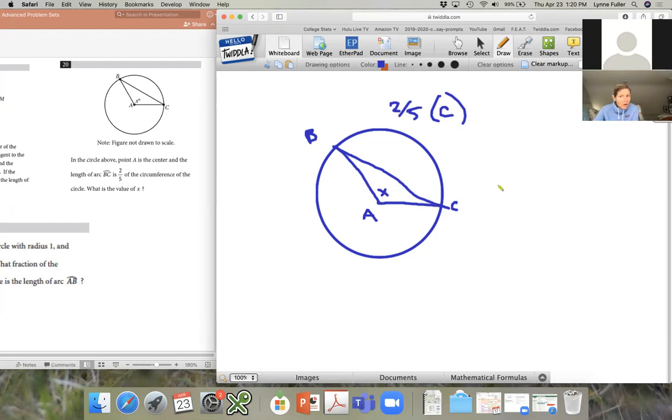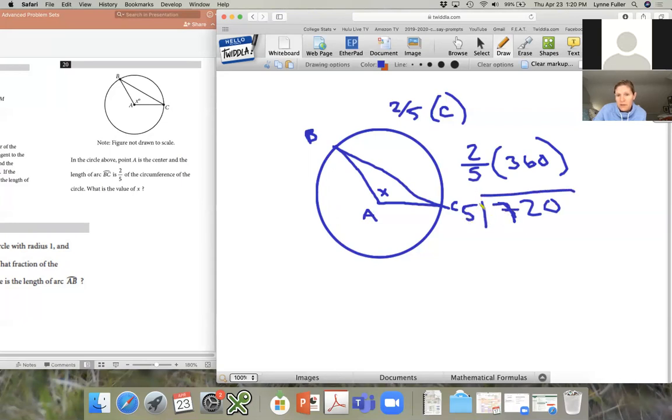And without me doing a whole lot of math, by the way, this is the hardest problem in this set. It's an open-ended math, no calculator. I would do 2/5 of how many degrees in a circle, which is 360. So 2 times 360 is 720. And then you just divide that number by 5.